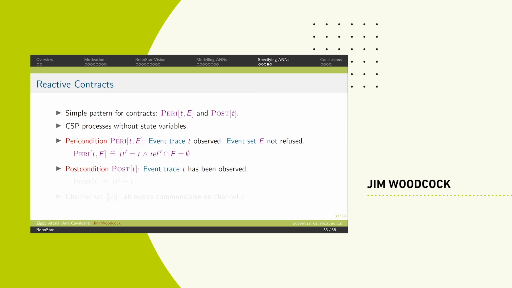And the post-condition just says that T has been observed, right? And you've seen this notation, I'm not sure I explained it before, but the open face curly brackets describes a set of events. And they're all the events that are communicable on the channel C. So all events that are extensions of the name C.